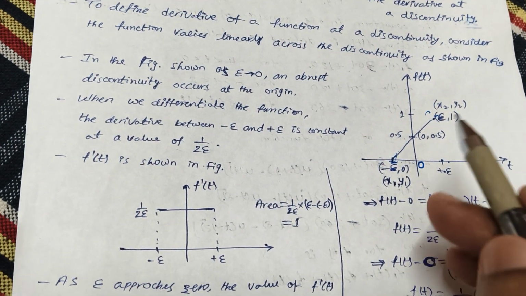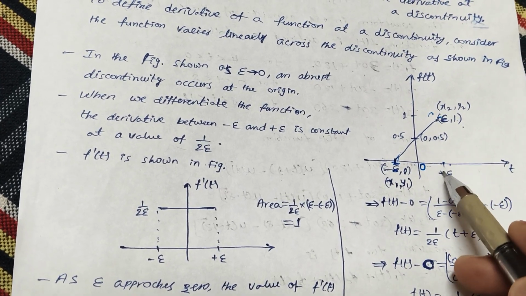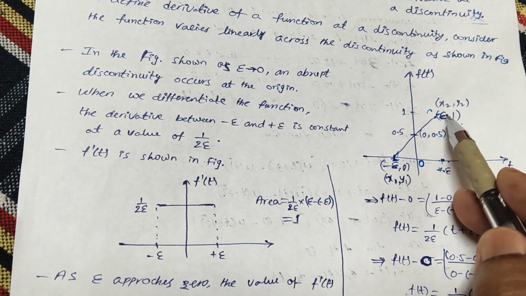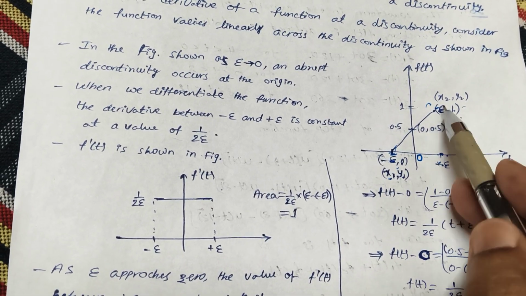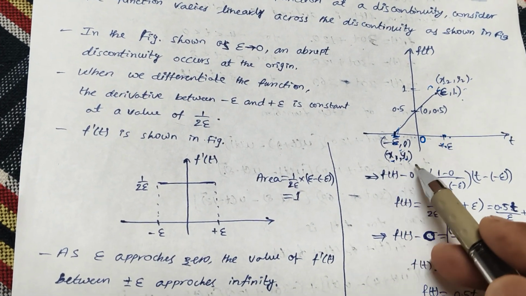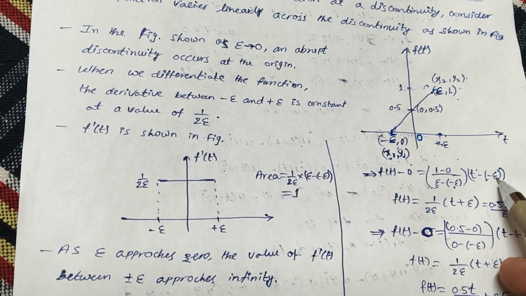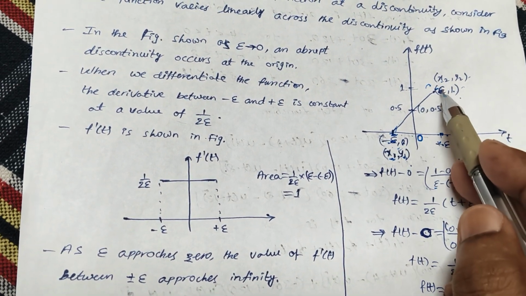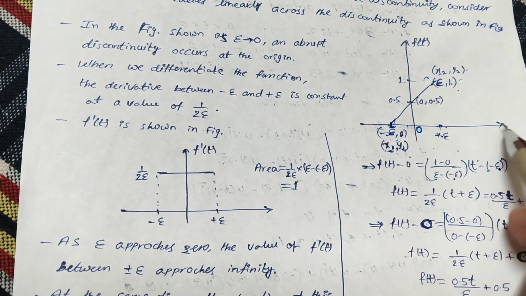By knowing the coordinates minus epsilon comma 0 and plus epsilon comma 1, the unit impulse function here, assuming these as x1 comma y1 and x2 comma y2, we can write the equation: y minus y1 is equal to y2 minus y1 by x2 minus x1 into x minus x1. Here x1, y1 is minus epsilon comma 0, and x2, y2 is epsilon comma 1. y is f of t, x is t.